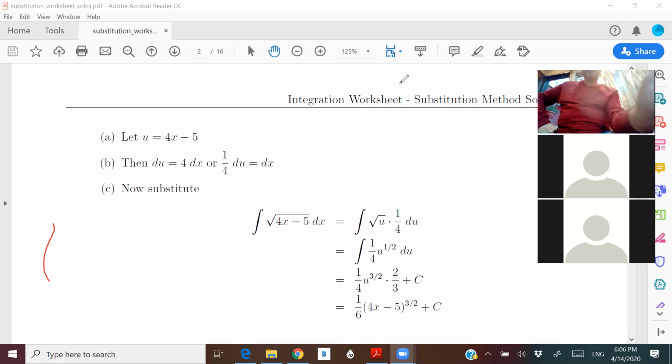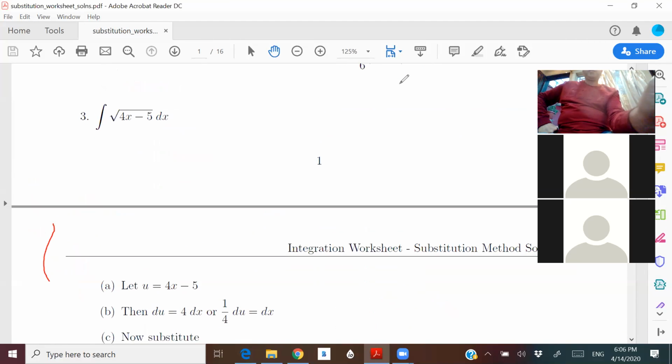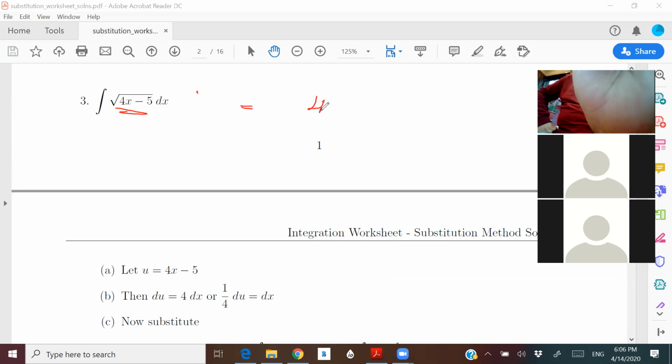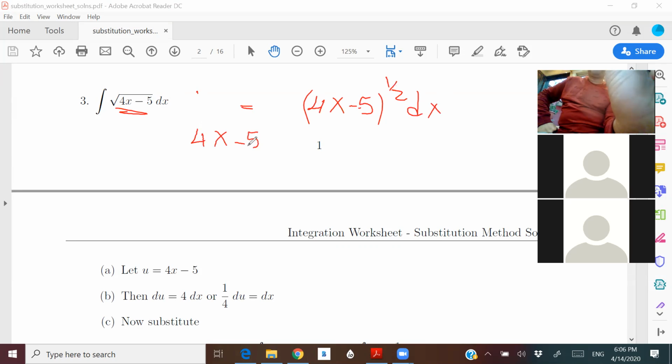Another one, for the radical: the integral of the square root of 4x - 5, which is (4x - 5)^(1/2) dx. Replace 4x - 5 by u.